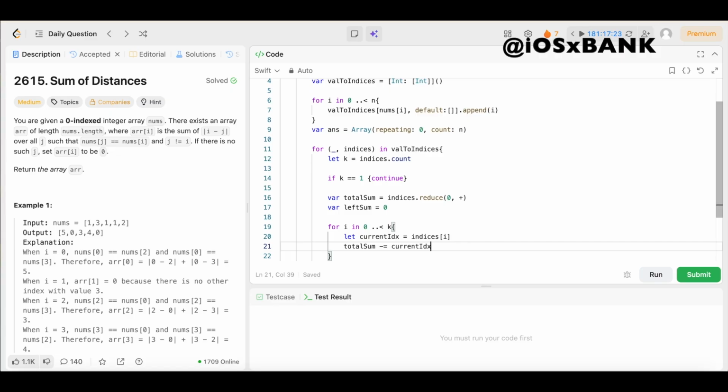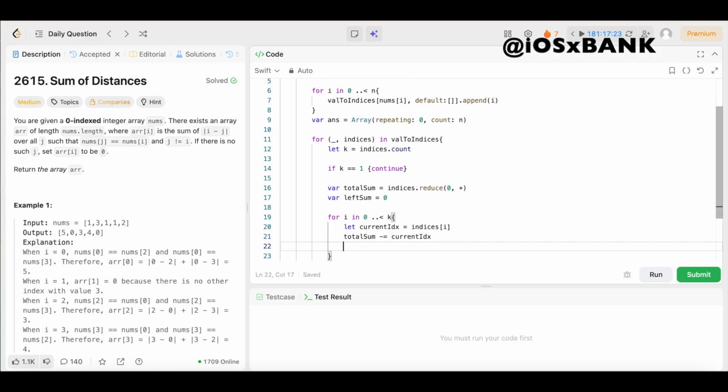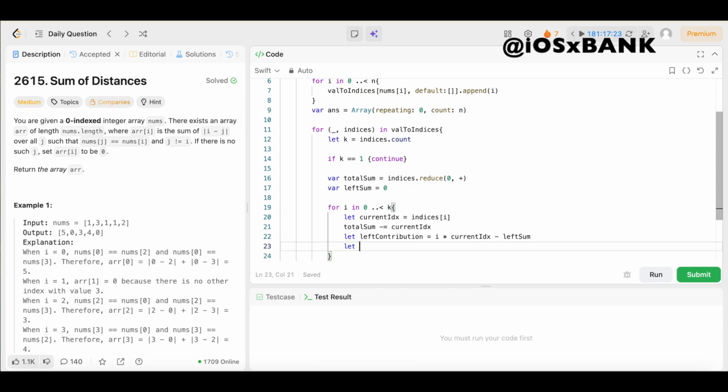So we come underneath this and we'll say let leftContribution equal i times currentIdx minus leftSum.